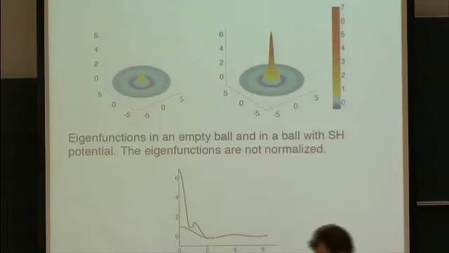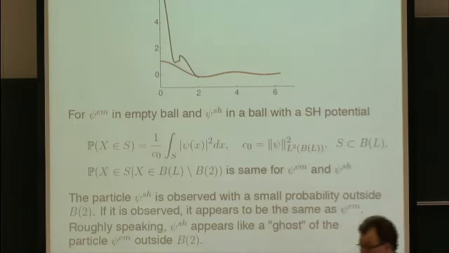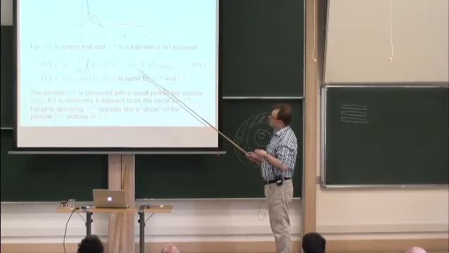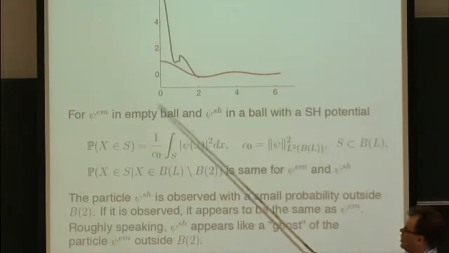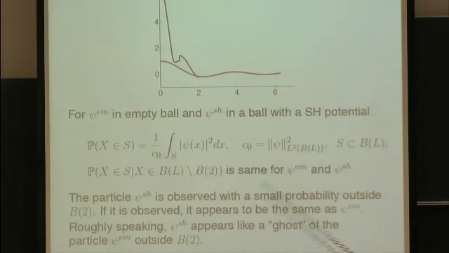Sorry, both are eigenfunctions. And let's now look at probabilities of where the particle is, both for this empty space function and for the Schrödinger hat wave function. When S is a subset of this large ball, the probability that the particle is in the set S is just the integral of the square of the wave function divided by the normalization constant.